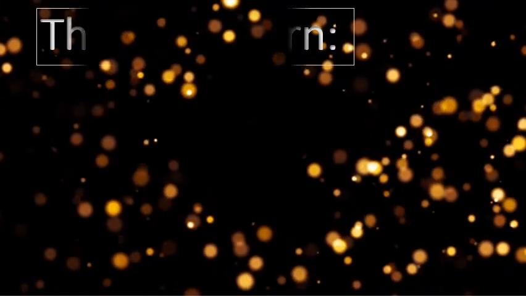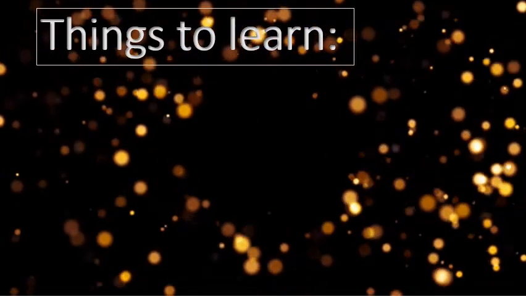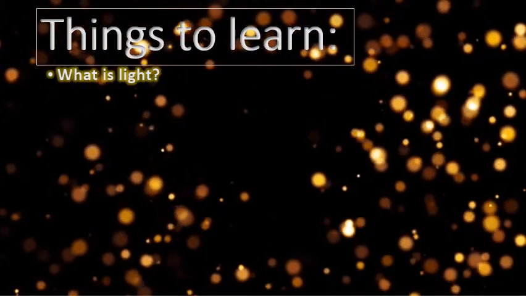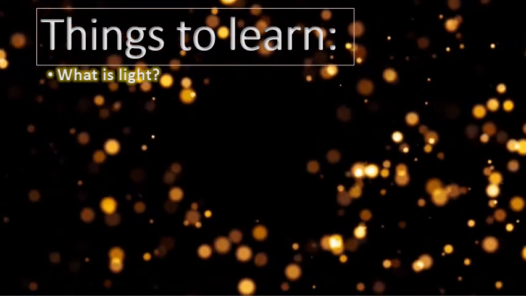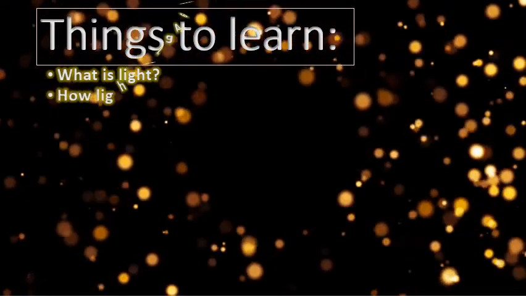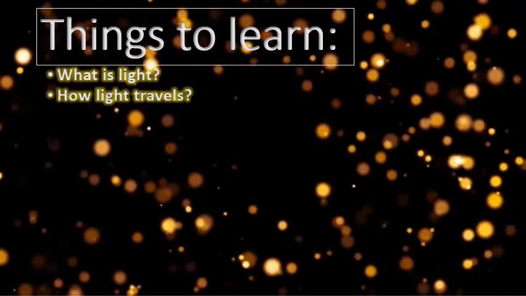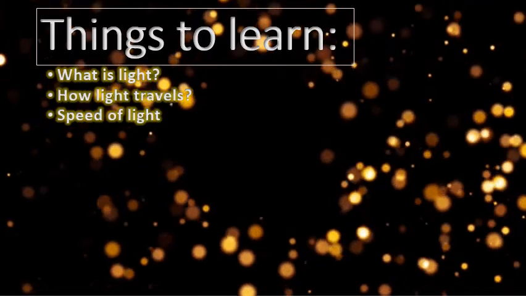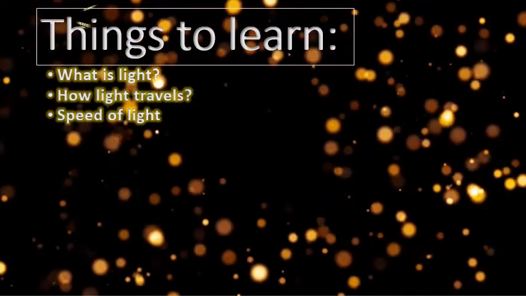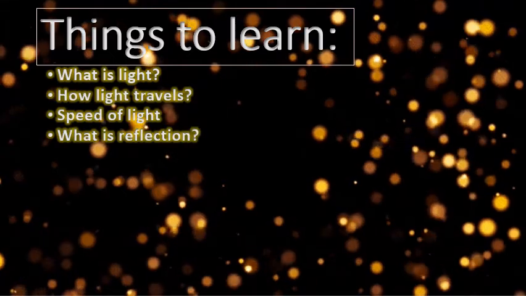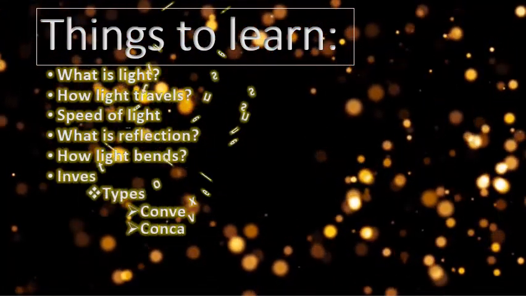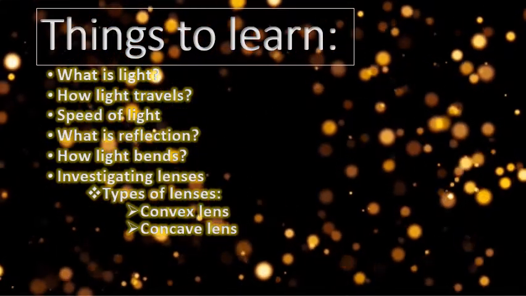Before we start learning the things in this chapter, let's have a look at the things to learn from this chapter. The things that we are going to learn are: what is light? Afterwards, we will learn how light travels. Then, we will learn the speed of light, what is reflection, how light bends, and investigating lenses.